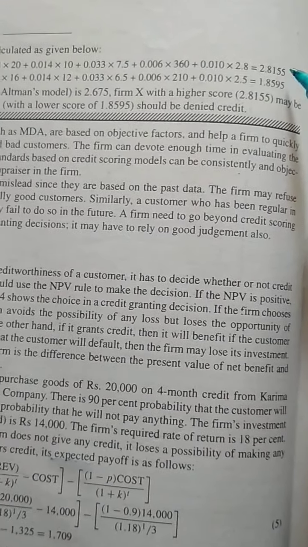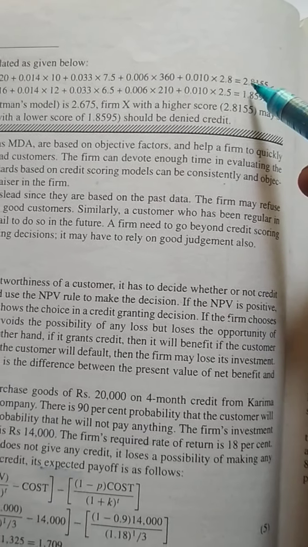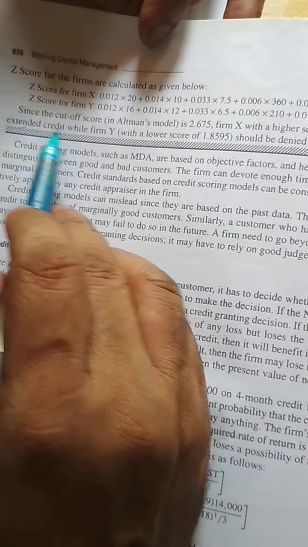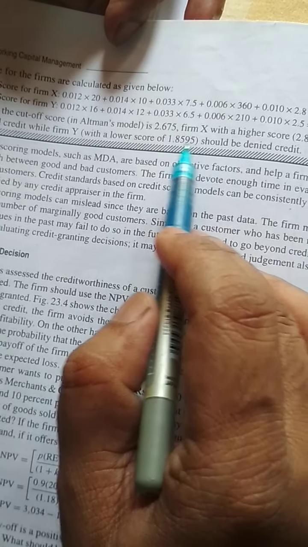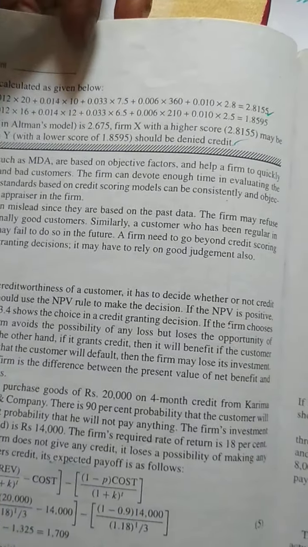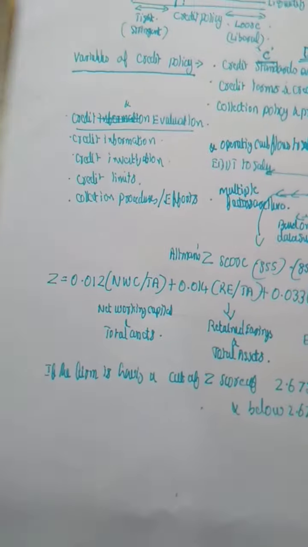Under this problem, firm X is having more financial stability, as it is more than 2.675. So firm X is having a higher score, and the firm may be extended credit, while firm Y is having 1.859 only, so it can be denied credit. So that is what we are studying under receivables management, one of the problems.